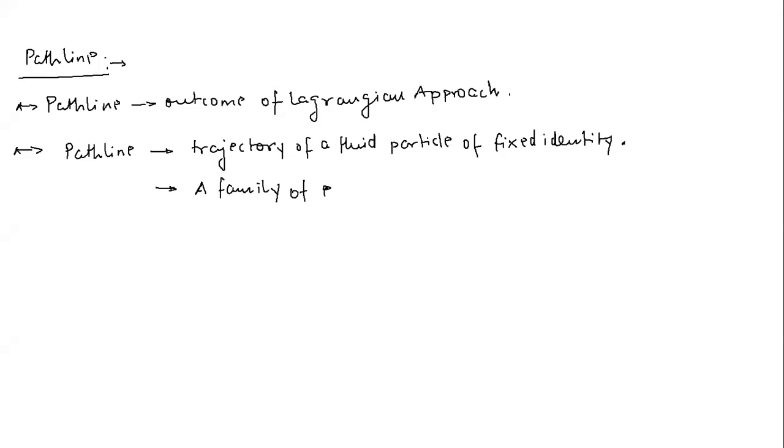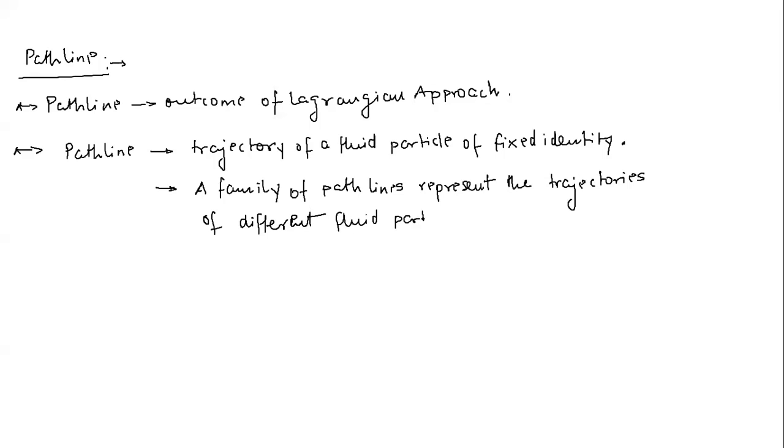So a family of path lines represents the trajectories of different fluid particles. Please remember, with different identities. Correct.